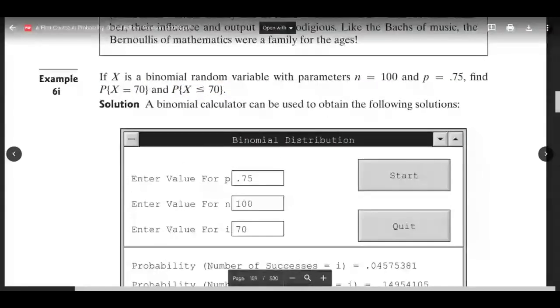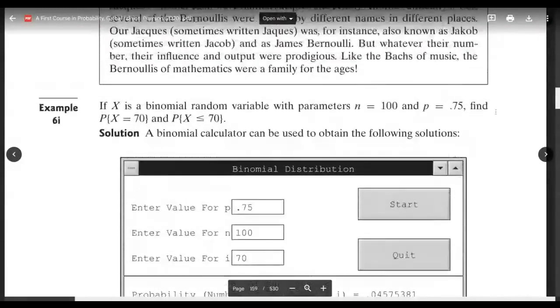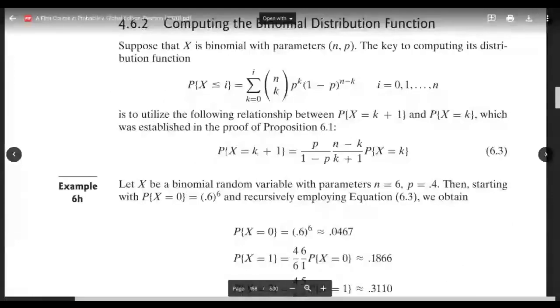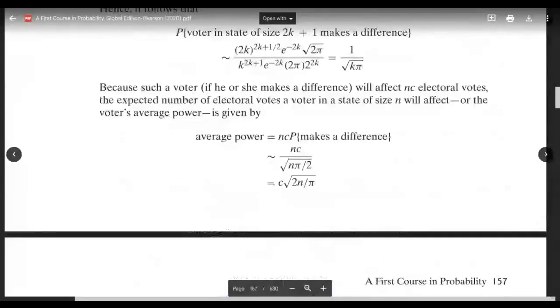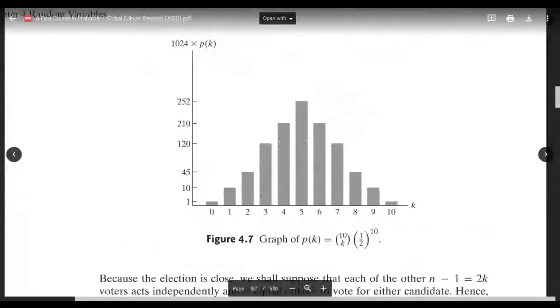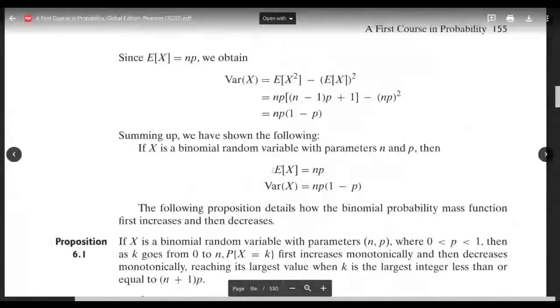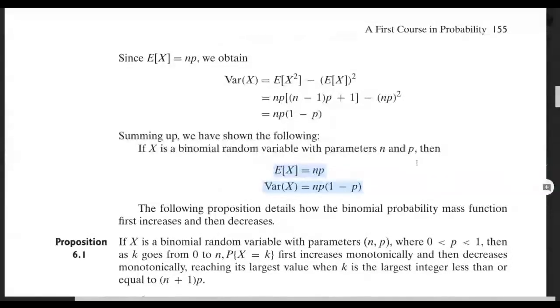Anyone has any questions? Okay, I think this is a nice solution, and also with a proposition. We know for the binomial we have this expected value and variance.